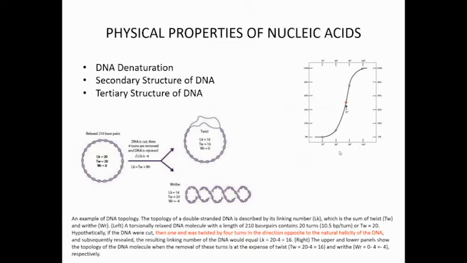the x-axis is the temperature, and this is the percentage of single-stranded and double-stranded DNA in the population.